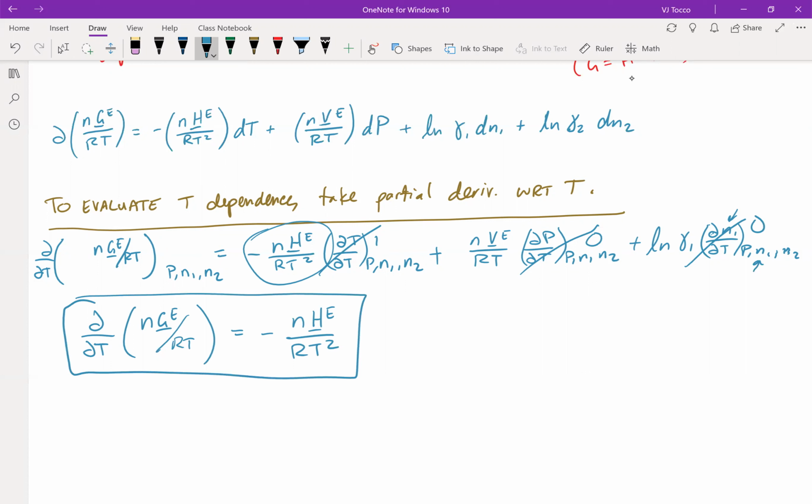So this is measuring the change in GE over RT upon a change in T. Let's do the same thing for pressure.